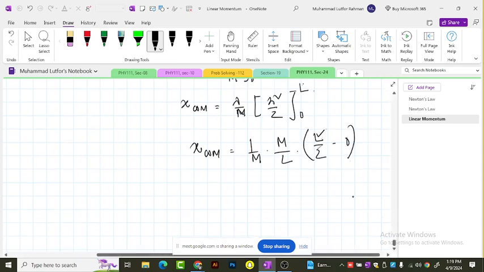Then this m will be cancelled out, and I find that x is simply L by 2, because one L will be cancelled out. Then we find that the center of mass of this homogeneous rod is at the midpoint of the rod, which is L by 2.